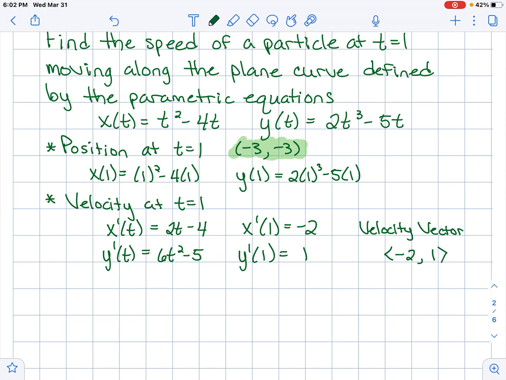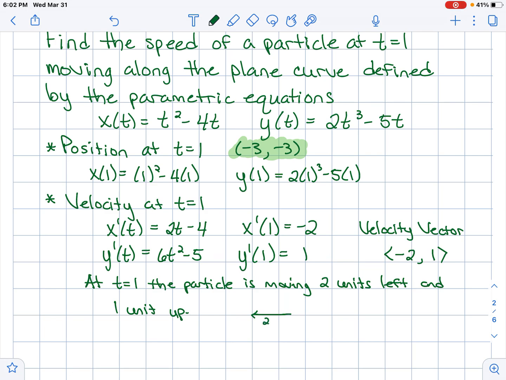And we're saying that's the velocity vector, so everybody knows that this particle at t equals 1 is moving 2 units left and 1 unit up. We look at it as a vector, 2 units to the left and 1 unit up. That's the vector for velocity with parametric equations.